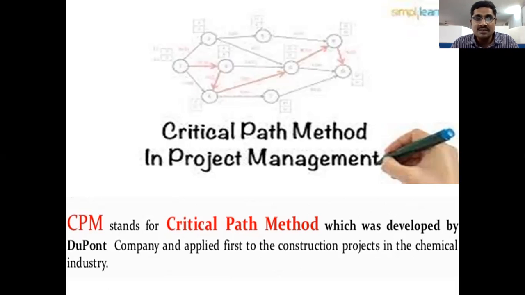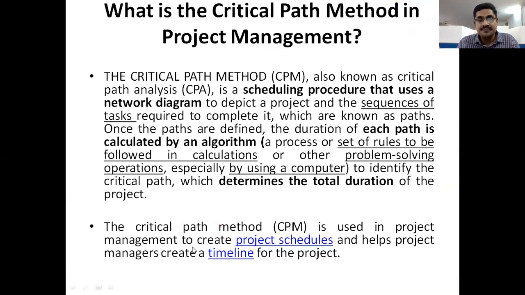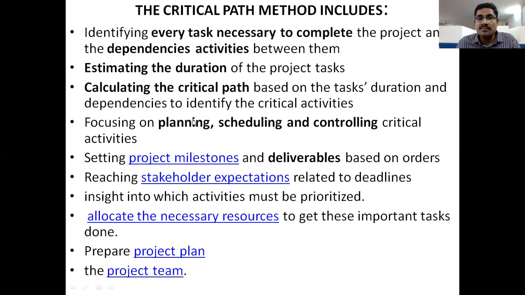That is the major purpose of critical path and PERT diagrams. Next, coming to the CPM, the CPM was developed by the DuPont company in the year 1957. So this is all about the critical path method.